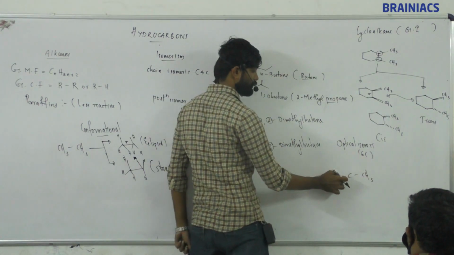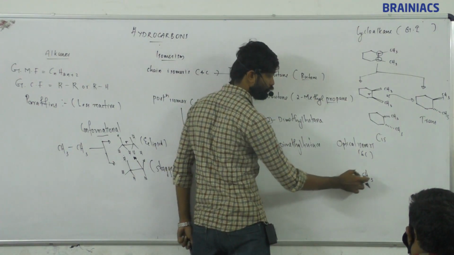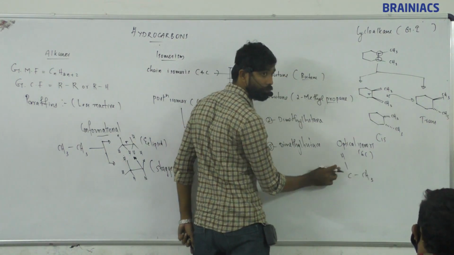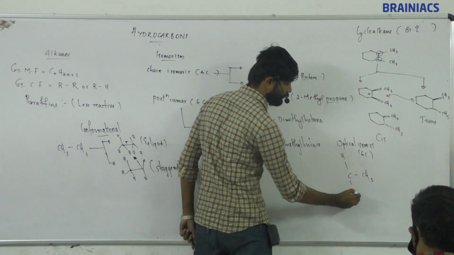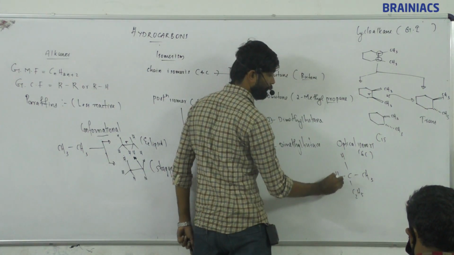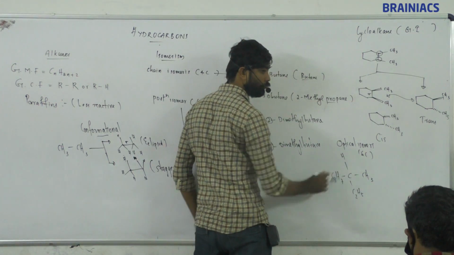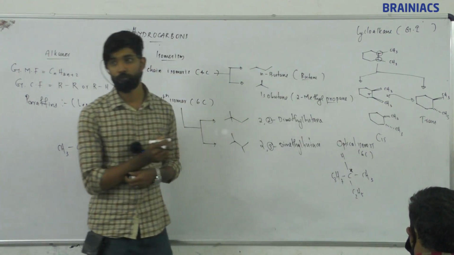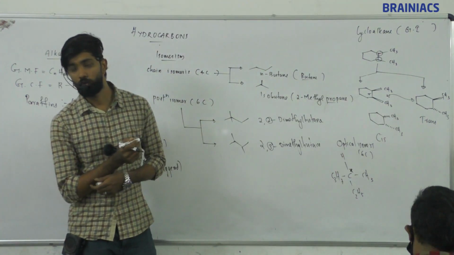So alkene can, let me make this carbon a chiral one. Simply a methyl group, a hydrogen, an ethyl group, a propyl group. So all 4 groups are different. So this carbon is a chiral carbon, which means it can show optical isomerism.